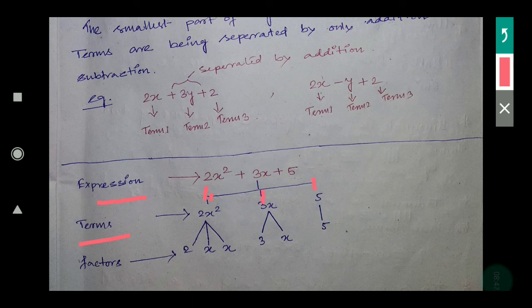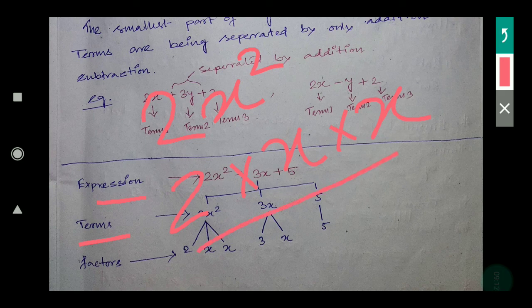In these terms, take 2x square, forget about everything else. In this 2x square, the mathematical operation is multiplication. That means I can write 2 into x into x. Now x into x will be x square, then x square into 2 is 2x square.